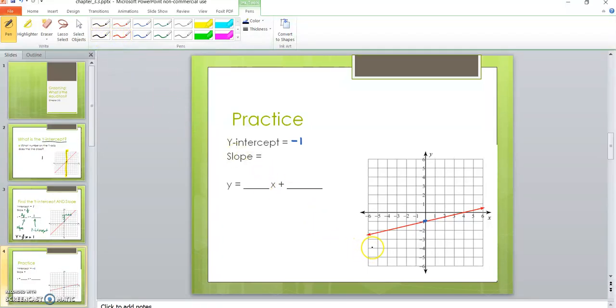Now for my slope, I have to find another dot. So here is another dot, and I'll make my triangle. From this dot, I'm going up 1, and then I'm going over 1, 2, 3, 4. So 1 over 4.